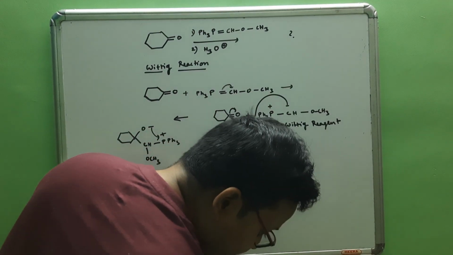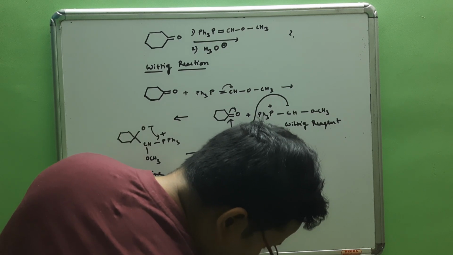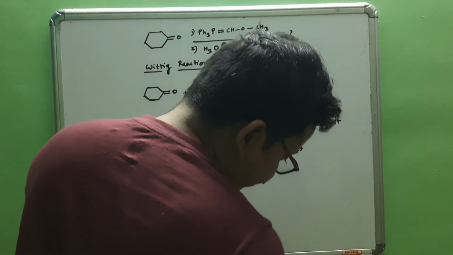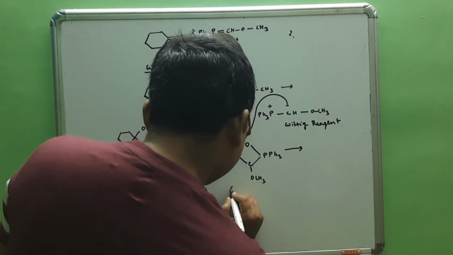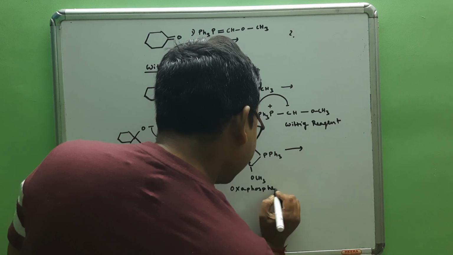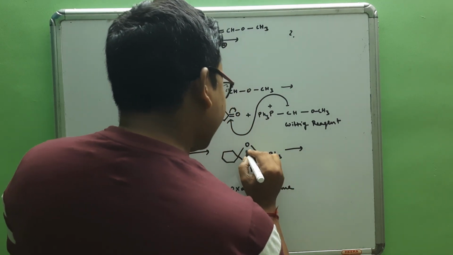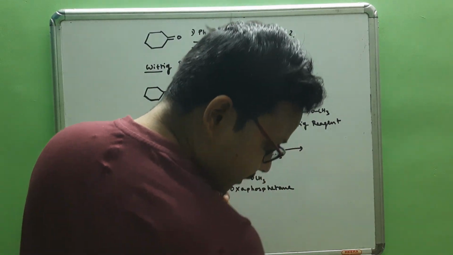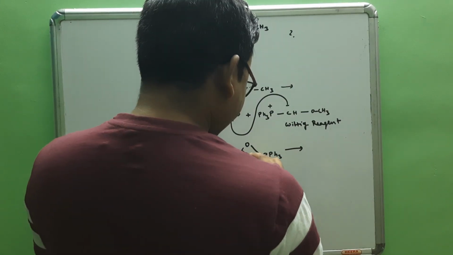So this type of compound is called oxaphosphetane. This is called oxaphosphetane, and after the rearrangement reaction it becomes like this.